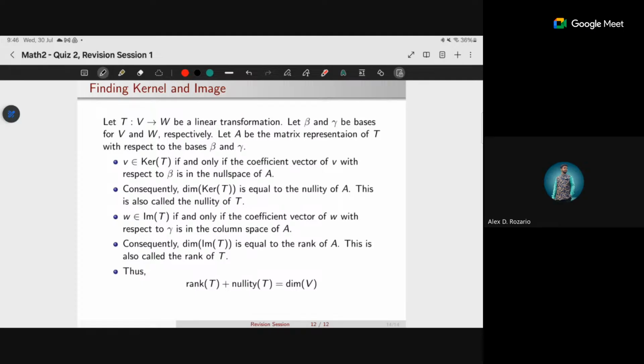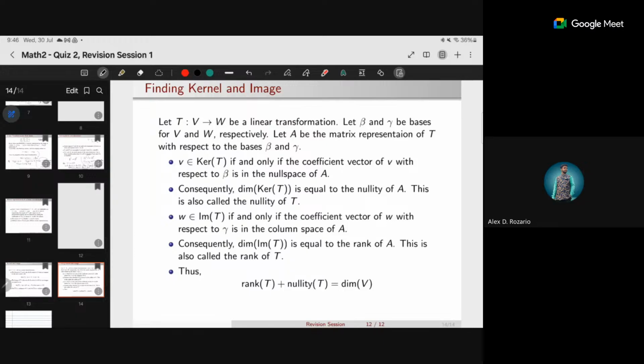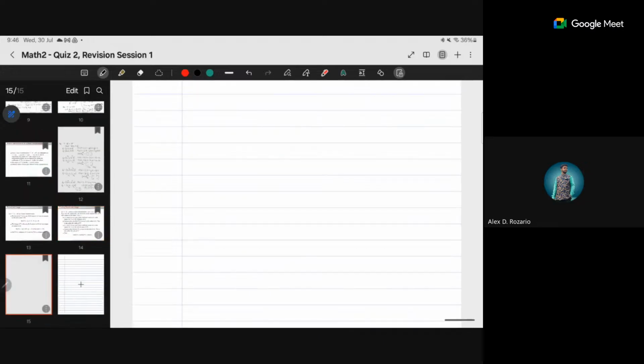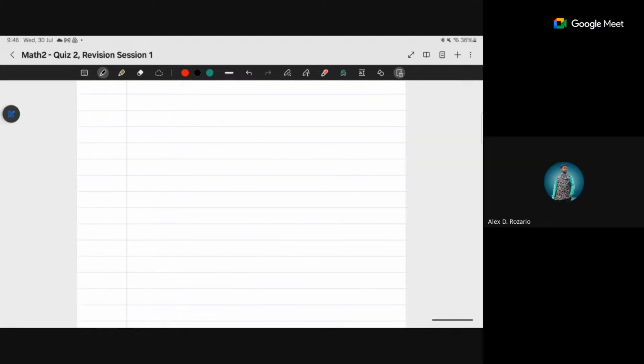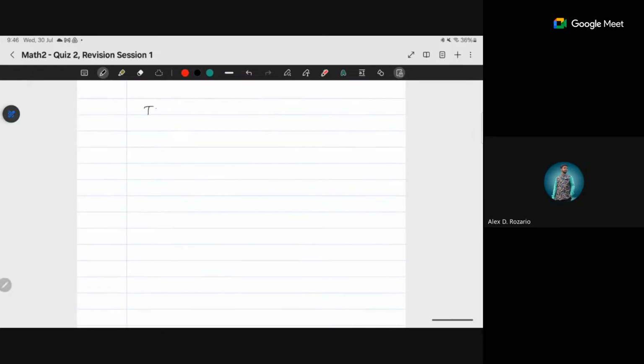So what we are doing is, you have some data, and you get a matrix out of this, the matrix of the transformation.